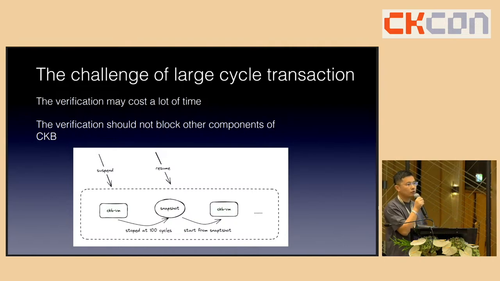So if we want to resume the verification, we need to load the snapshot and start from the stopped cycles. That's how it works. The code is somehow very buggy because we need to store the internal state from CKB VM. We need to store the old cycles.